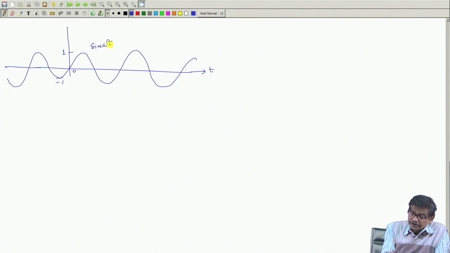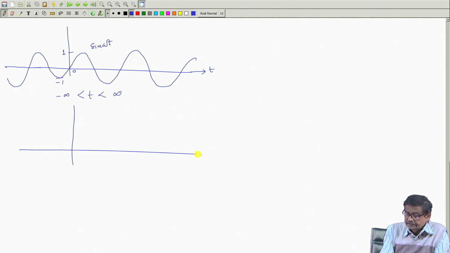But this is not causal, because here the function exists for all time from minus infinity to plus infinity. But suppose somebody asks you to sketch the signal sin omega t into u(t), then you are going to sketch it like this. Sin omega t u(t) will be like this.